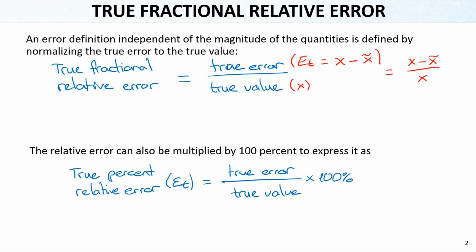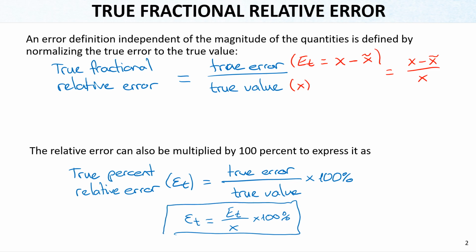Or if we want to show this in symbols, epsilon t is equivalent to et divided by x times 100. And we know that et is x minus x tilde. So this will be the formulation that we want to use while calculating the error and evaluating it.